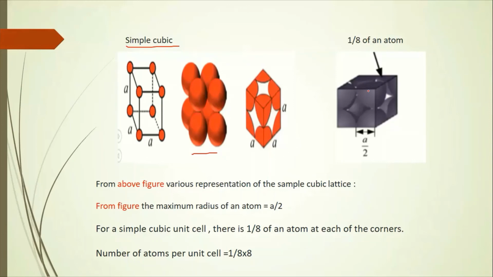So the number of atoms per unit cell is one, and if we take the total number of unit cells, we get the same calculation from this unit cell.